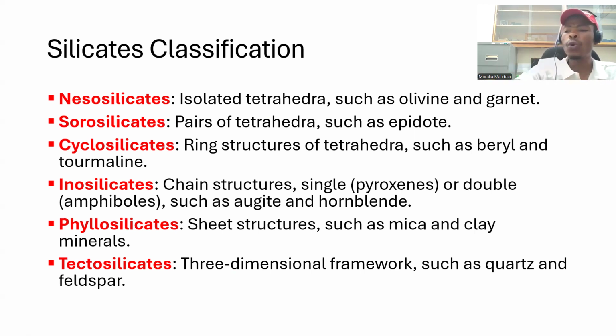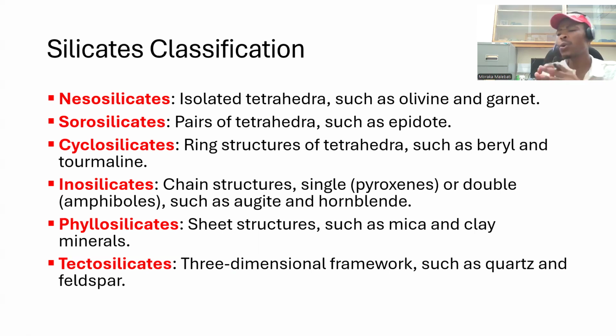And then we also have the inosilicates. The inosilicates are divided into single chains, which are basically the pyroxenes, and double chains, which are basically the amphiboles.